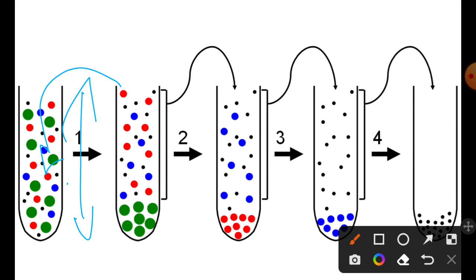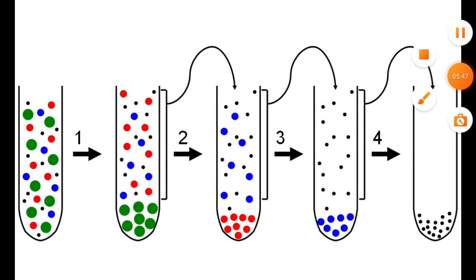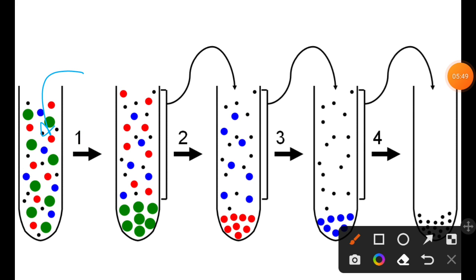How? Let's see. First, after taking the sample in the centrifuge tube, we run it at the lowest speed, which will ensure pelleting of the largest particles with the highest sedimentation rate. As you can see, the green particles are pelleted.